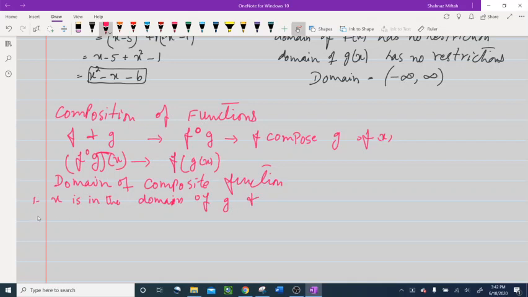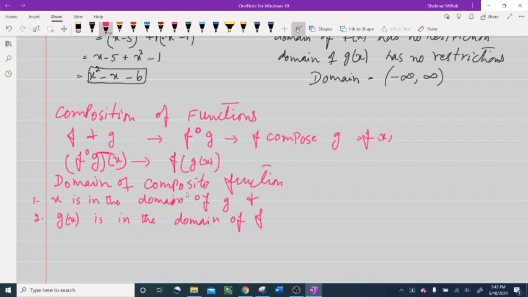And second, g of x is in the domain of f. Do you see that? Which means this x is in the domain of g and g of x is in the domain of f. That's the rule for finding the domain of a composite function.